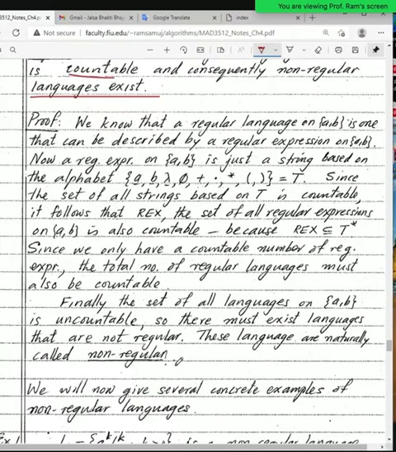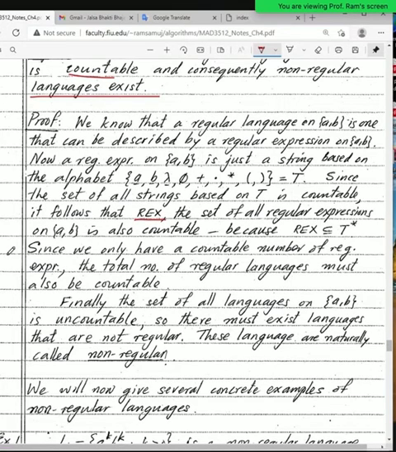So let us look at this a little bit. We know that a regular language is one that can be described by a regular expression on {a, b}. Now, a regular expression on {a, b} is just a string based on this alphabet: a, b, lambda, empty set, plus, dot, star, left parenthesis, right parenthesis. Since the set of all strings based on this alphabet is countable, it follows that the set of all regular expressions is countable.